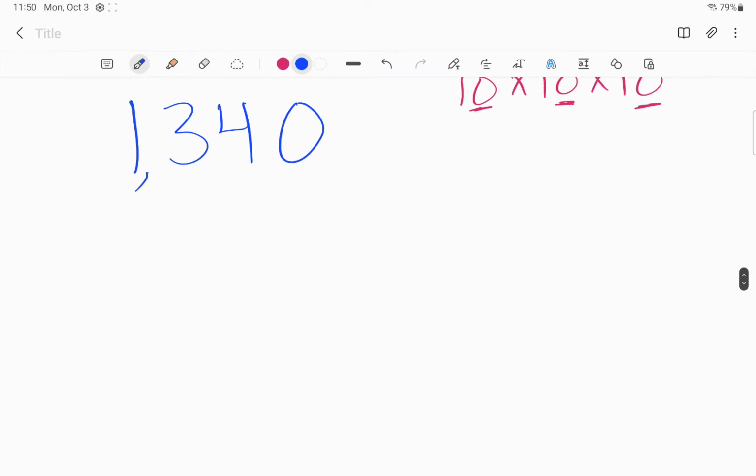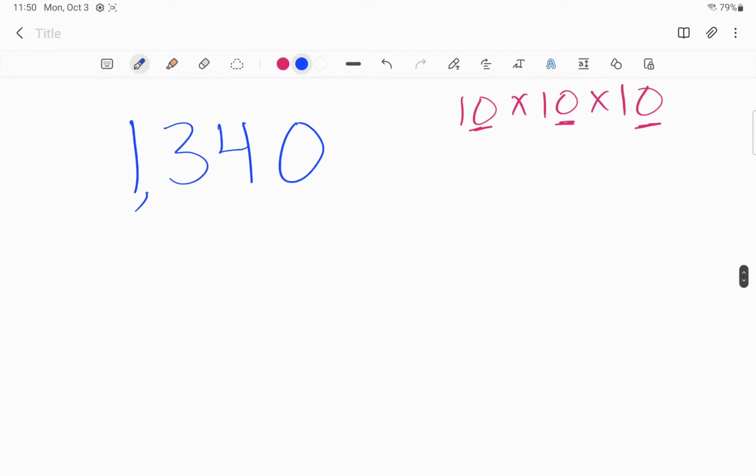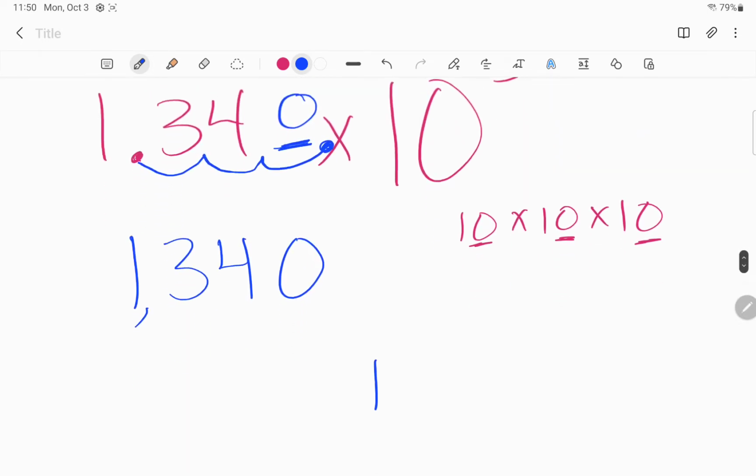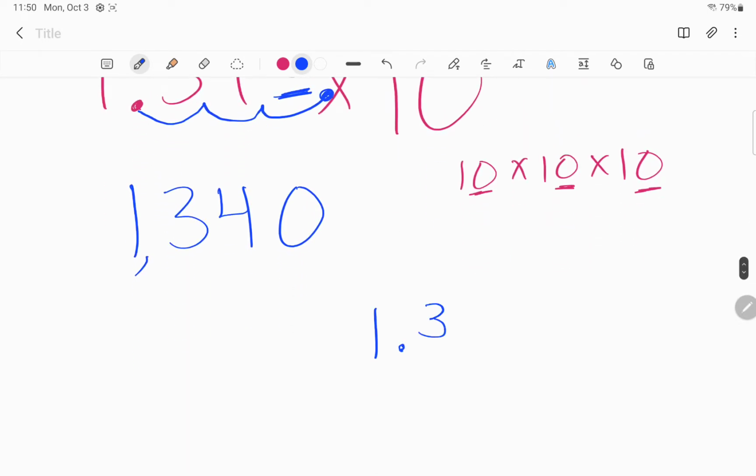Okay, I'm going to teach you something on that one too. This one is not on the worksheet, but if it were to say 1.34 times 10 to the negative 3, it's going to go to the left because we're actually going into a negative set there. So we're going to start with the decimal here.